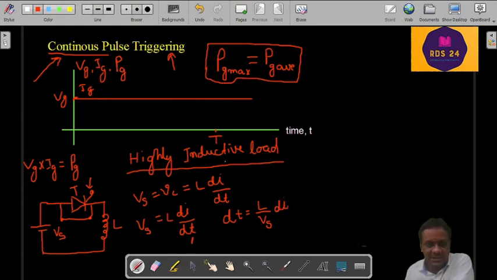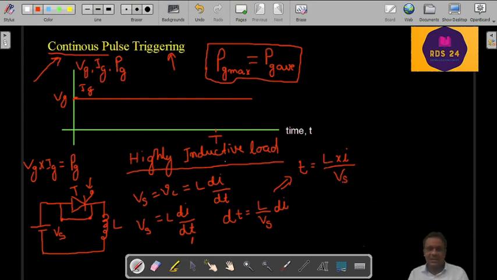It can be rewritten as T is equal to L into I divided by Vs. So by these factors L, I and Vs, we have the value of T here.